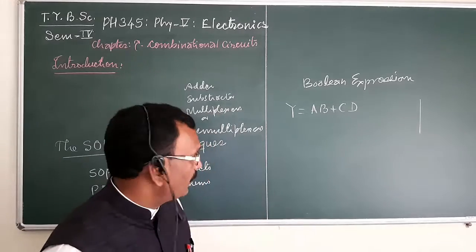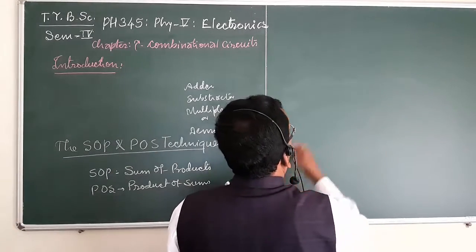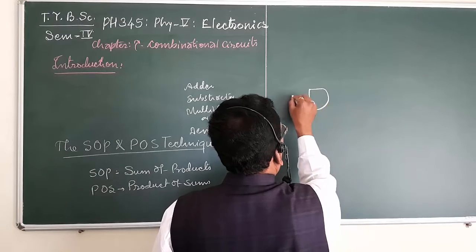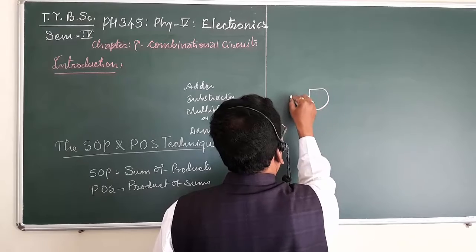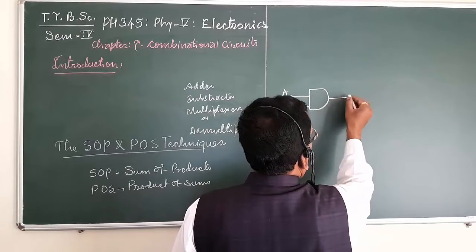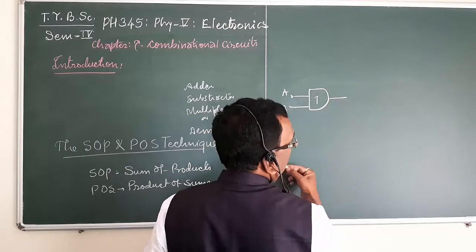For example, suppose this is an AND gate which has two inputs A and B and one output. Suppose this is AND gate 1.